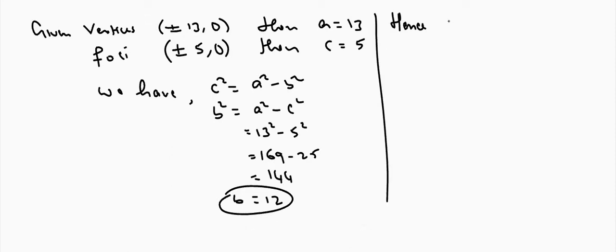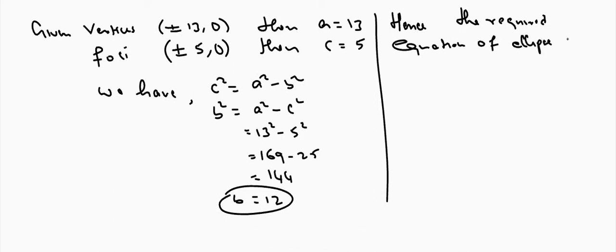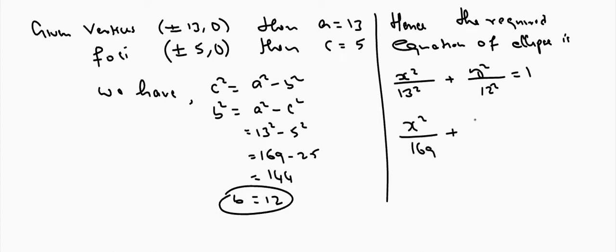Hence the required equation of the ellipse is x square by 13 square plus y square by 12 square equals 1, that is x square divided by 169 plus y square divided by 144 is equal to 1.